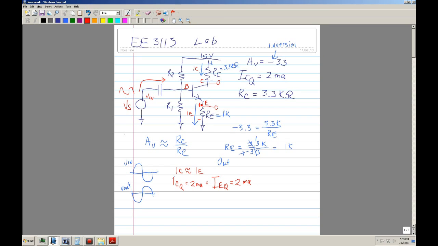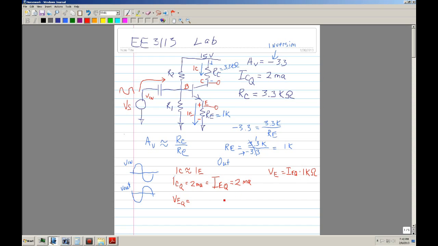Now you have Ohm's law, right? VE is equal to IEQ times 1K. What is IEQ?